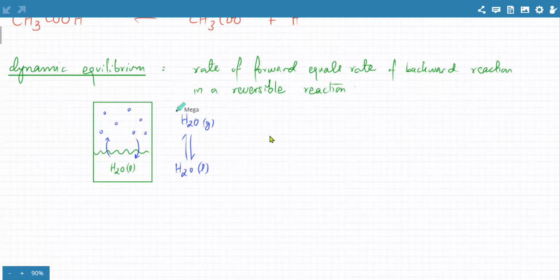So the reaction is pretty much not going anywhere. That's a reversible reaction, and you might have noticed that pressure builds up inside the container. If you open a water bottle, there's some pressure built up because the molecules are constantly evaporating.